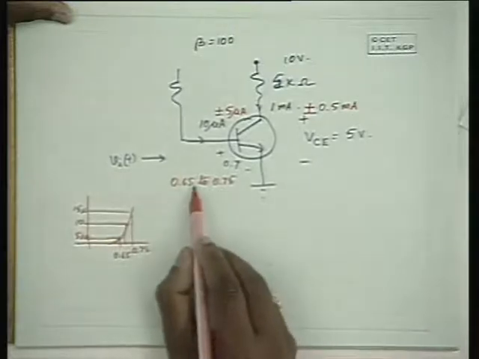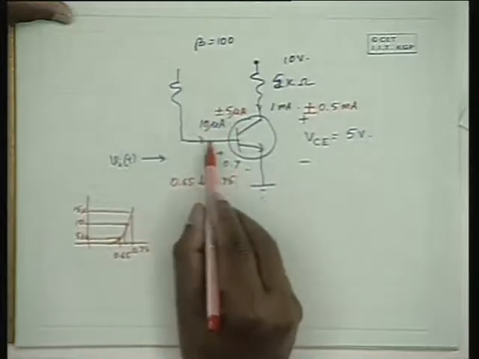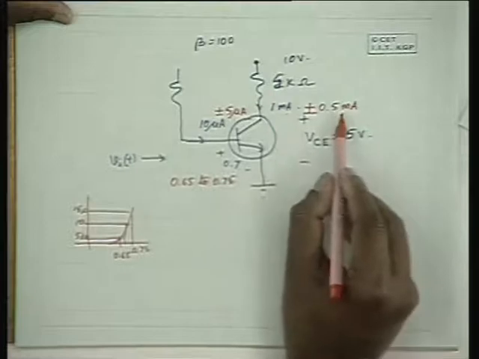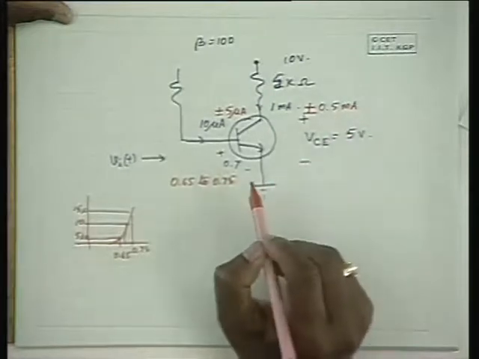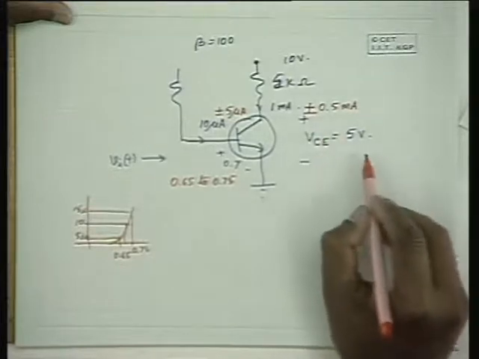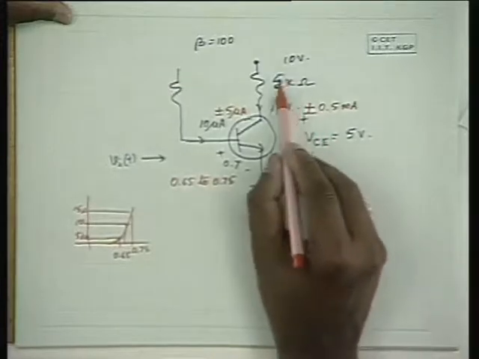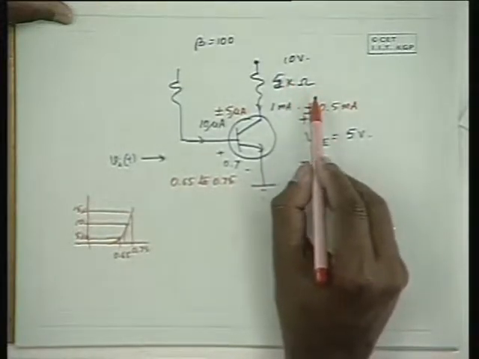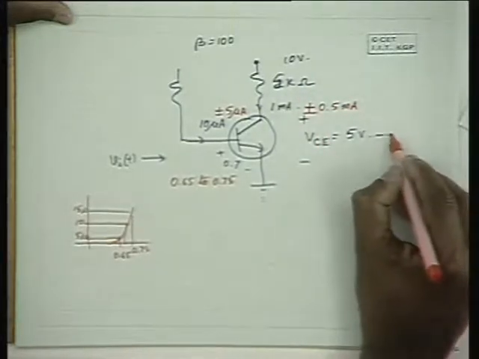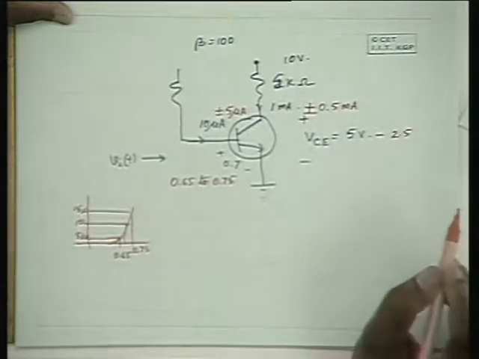So when the input voltage rises to 0.75, the base current is going to be 10 plus 5, 15 microamperes, and the collector current is going to be 1.5 milliamperes. When the collector current is 1.5 milliamperes, what about VCE? VCE is going to be 10 minus 5 into 1.5, 10 minus 7.5, so it is going to be 5 volts minus 2.5, it is only 2.5 volts.